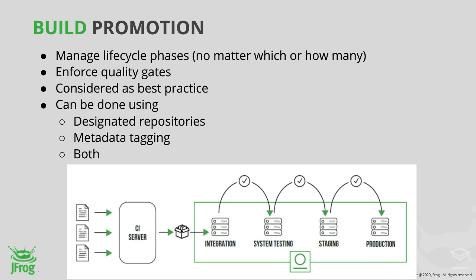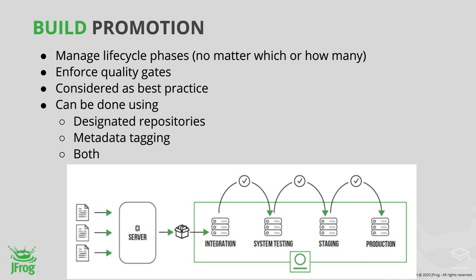Obviously, it can be done using the REST API for build promotion, or by doing both. So you can take whatever approach suits your needs better. But the notion of build promotion is very relevant when you have a big development organization with different life cycle phases which you want to control.